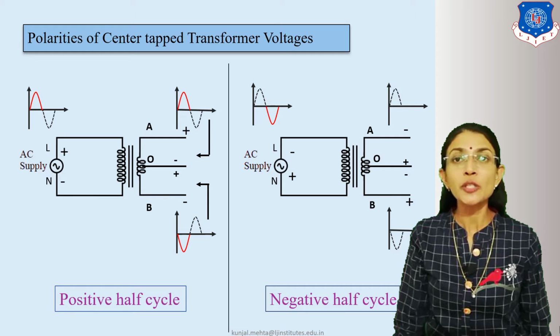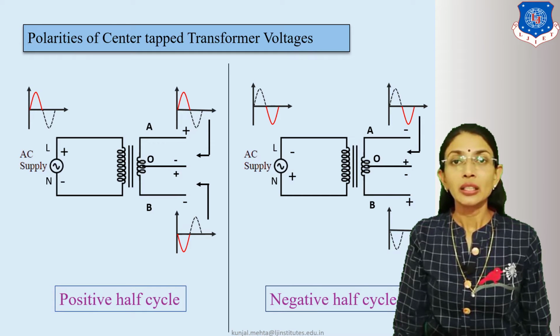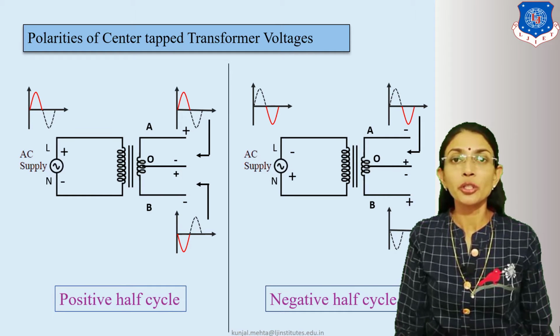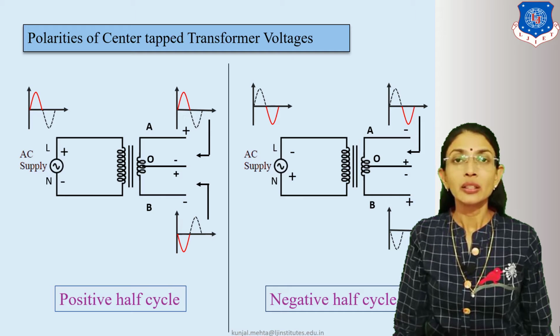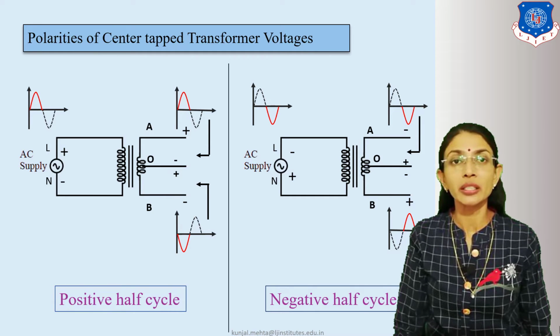For the case of negative half cycle, we will have negative output for the upper portion of the center tapped transformer. Similarly, at the lower portion of the center tapped transformer, the output will be reversed, it will be the positive half cycle.